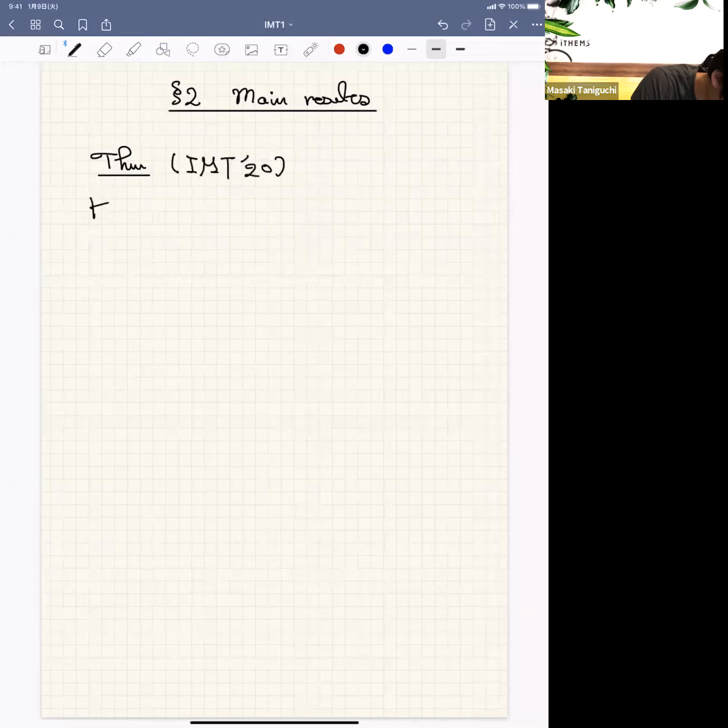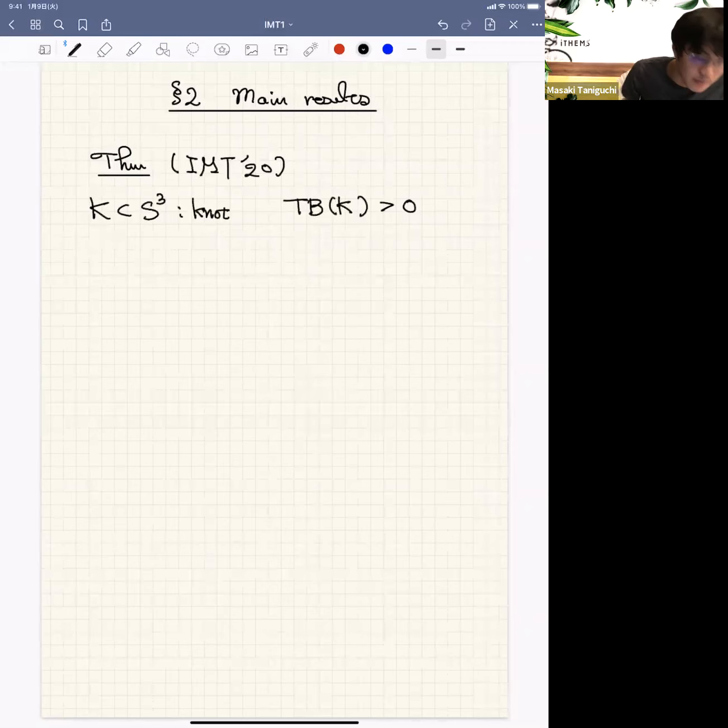Let K be a knot in S3, and suppose the Thurston-Bennequin number of K is positive.